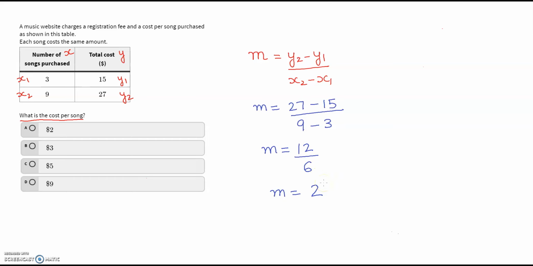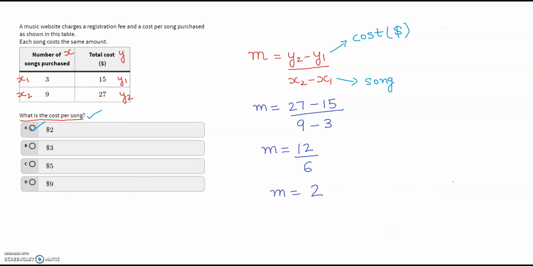Since we know that the Y value is the cost in dollars and the values of X are number of songs purchased, so we can just write song. So we have the slope, which is equal to 2. Therefore, we can say $2 per song. That's what they're asking here. Therefore, the final answer is the option A.